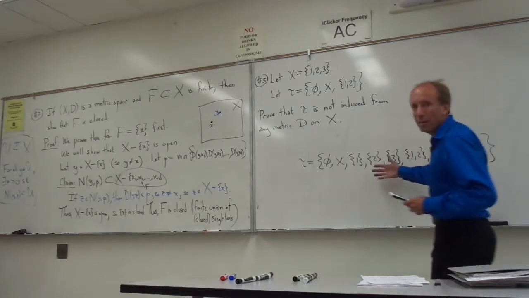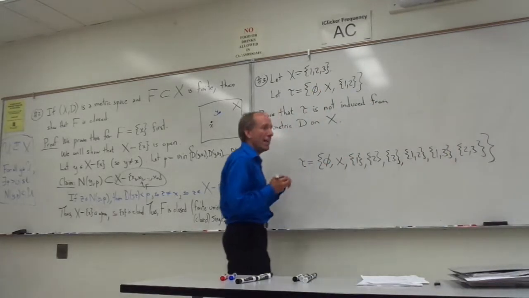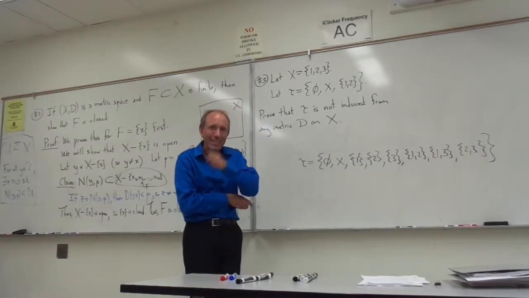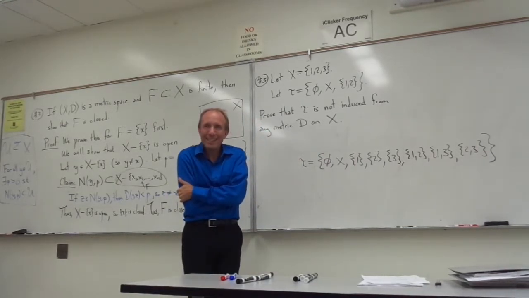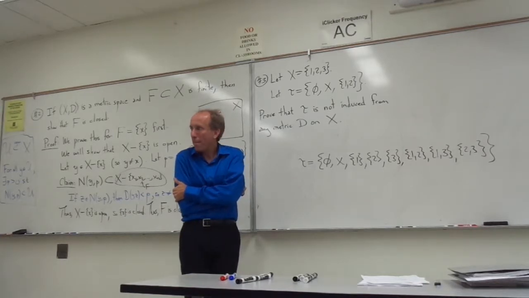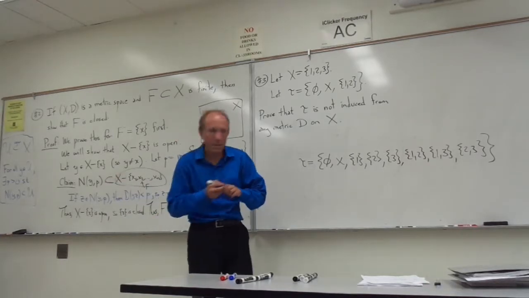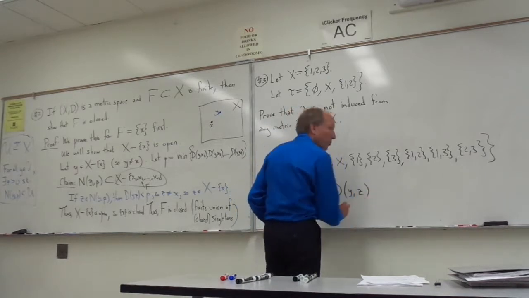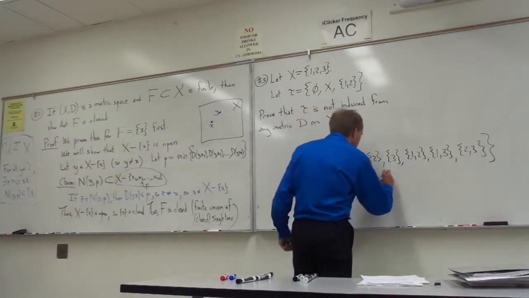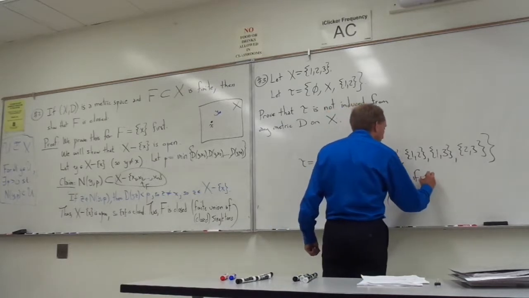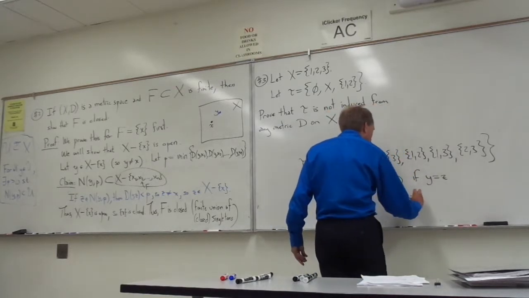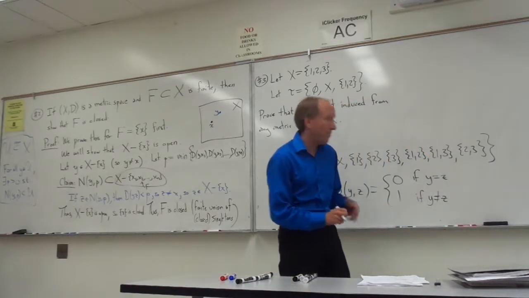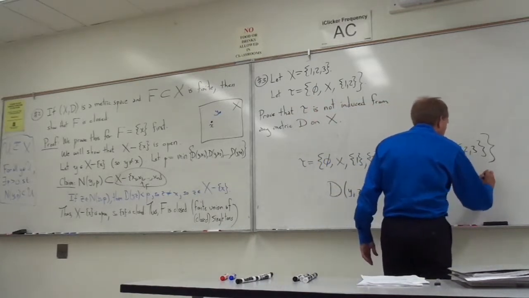Do you remember what the metric is that creates this topology? The one where the distance is 0 if the points are equal, and 1 if not. Exactly. The distance between any 2 points y and z is 0 if y equals z, and 1 if y does not equal z.